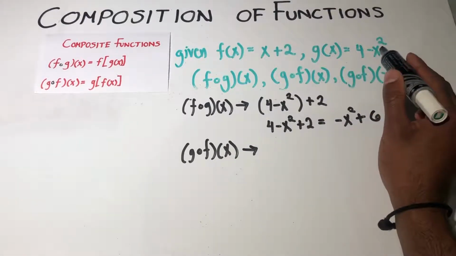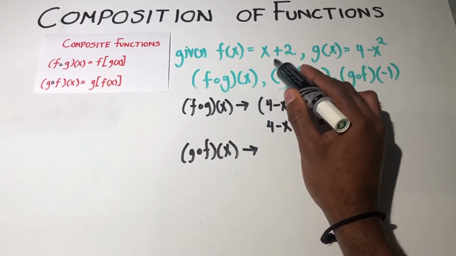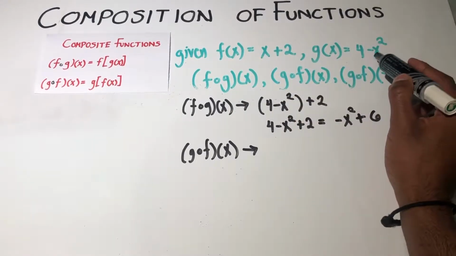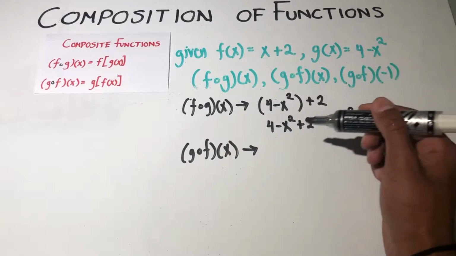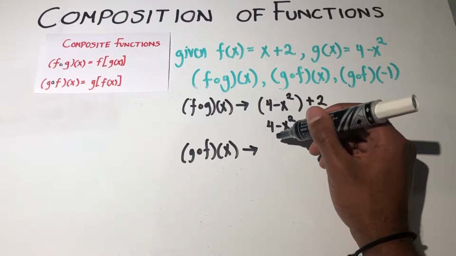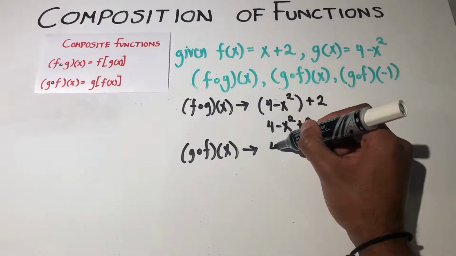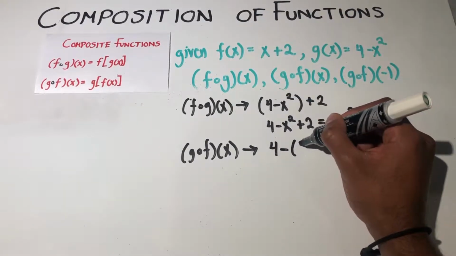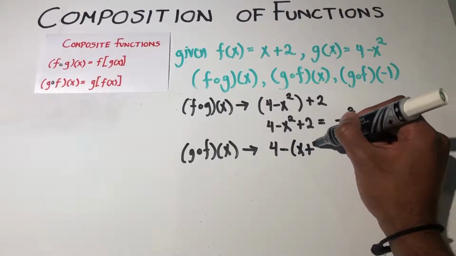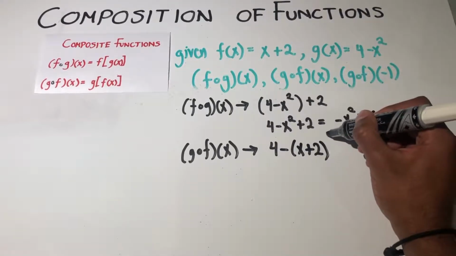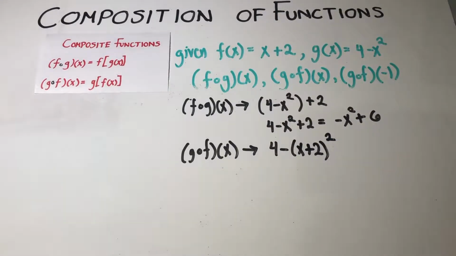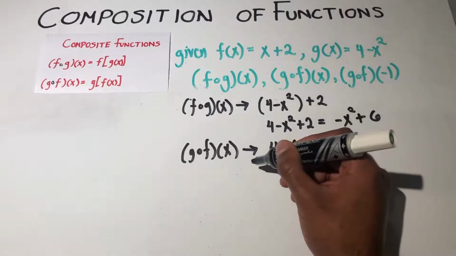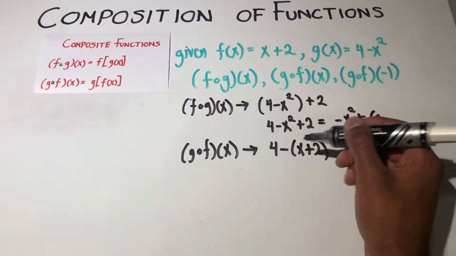Now taking the function f of x, plugging it in for x in the function g of x, is going to give us 4 minus f of x, which is x plus 2 squared. You can go ahead and do the algebra here.